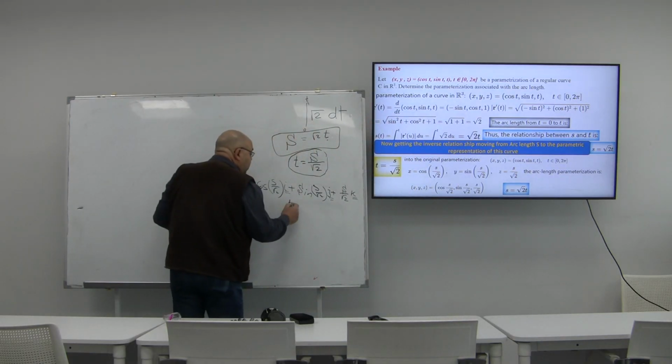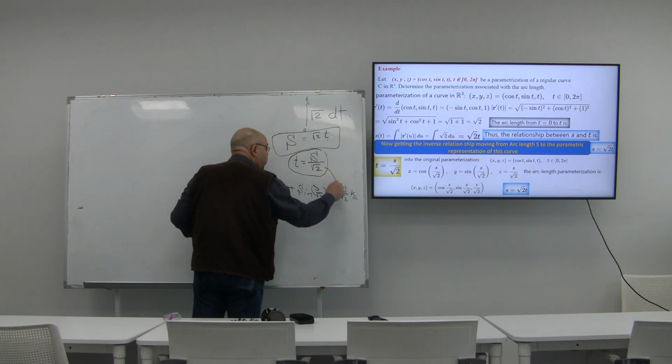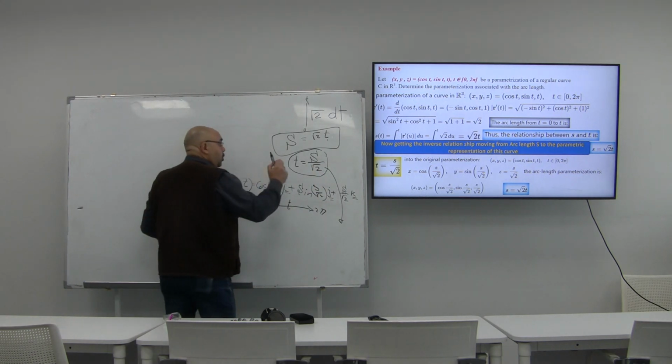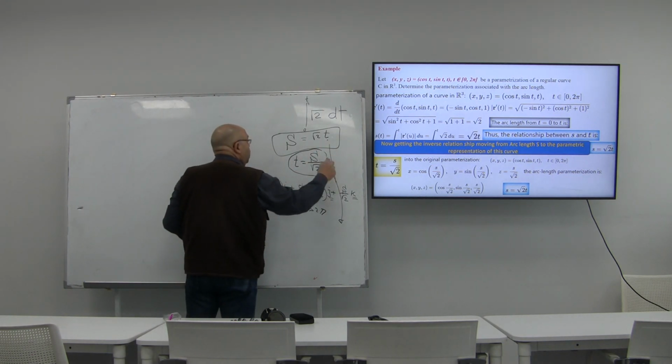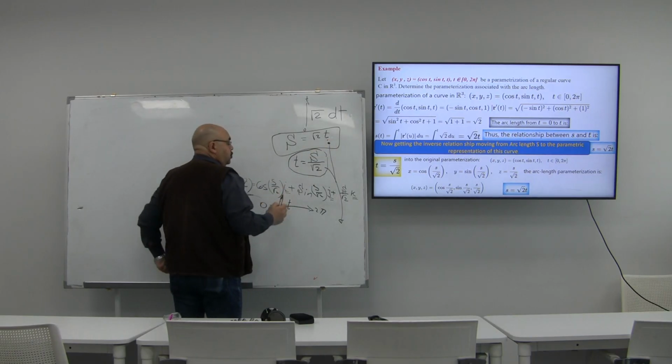So once t changes from 0 up to 2 pi, I have the relation connecting them, using s equals root 2 times t.